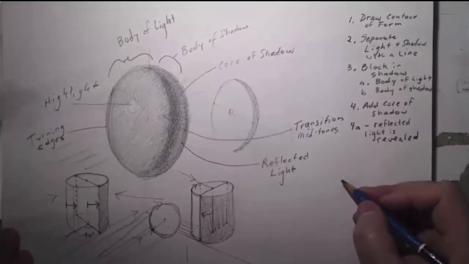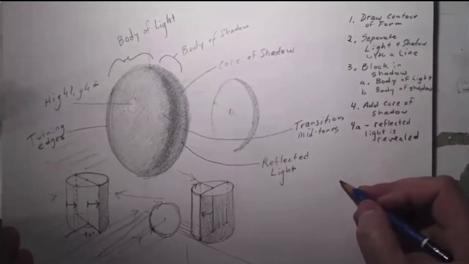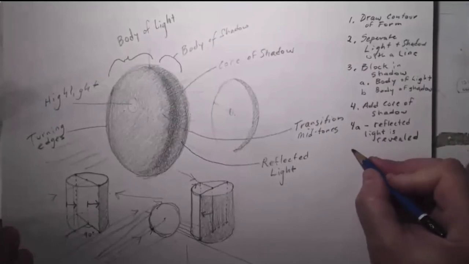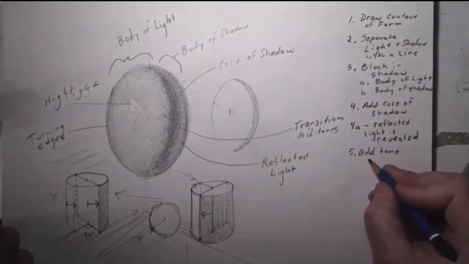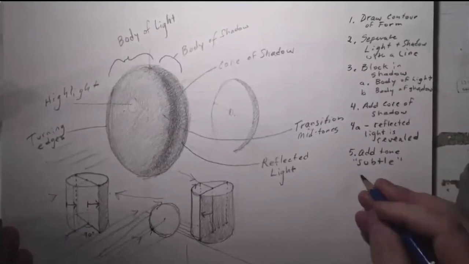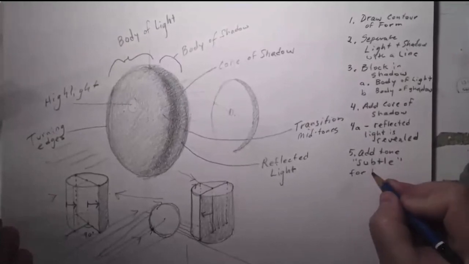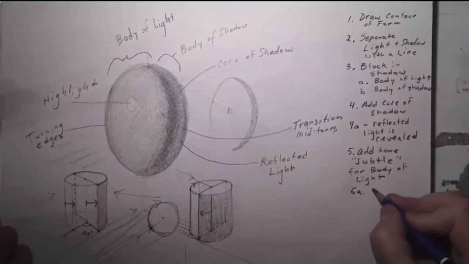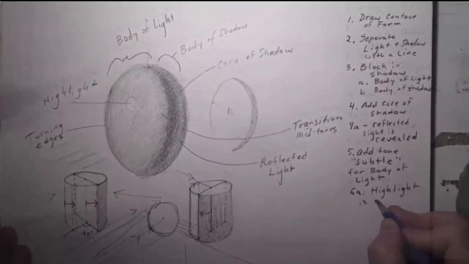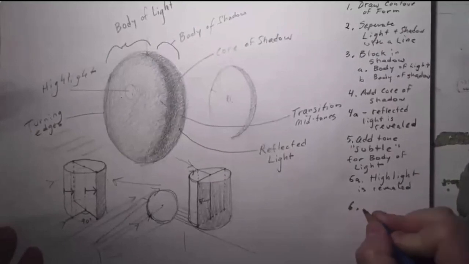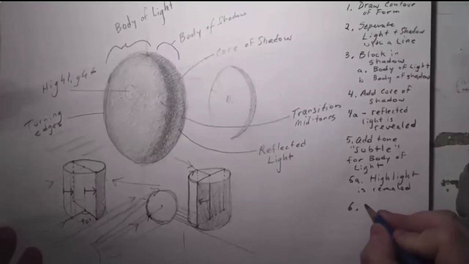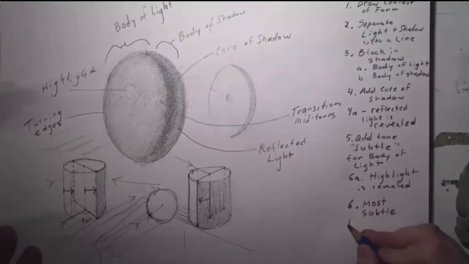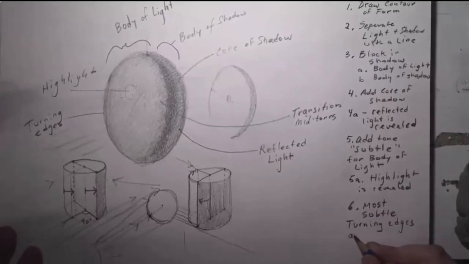So by adding the core of the shadow, the reflected light is revealed. Then we're going to add tone, and this is where you need to be subtle, for the body of light. And just like that, 5A, the highlight is revealed. And finally, the last step would be to work the most subtle work, and that's going to be your turning edges and your midtones.